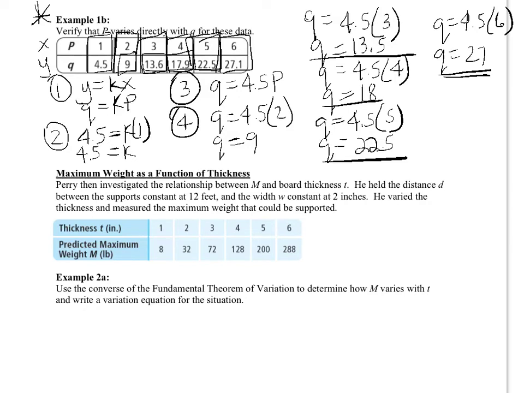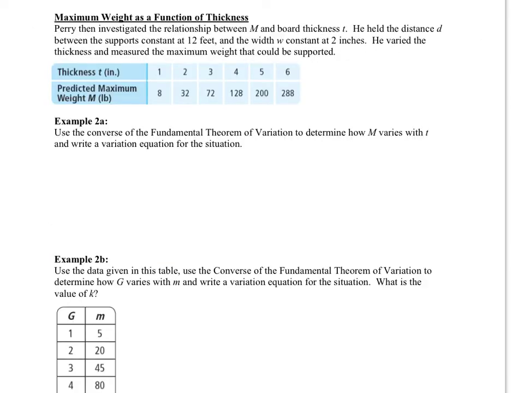So now example 2A. We're going to use the converse of that fundamental theorem of variation to determine how M varies with T and write a variation equation for this situation. Okay, so we need to use that converse of the fundamental theorem of variation. So we're going to select two data points.